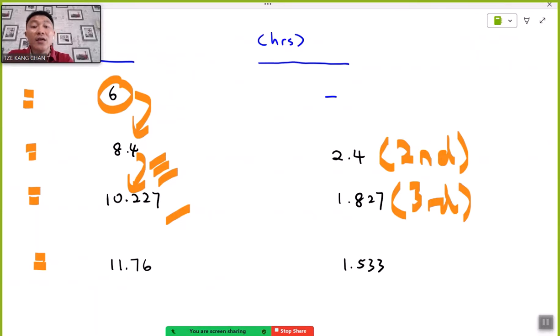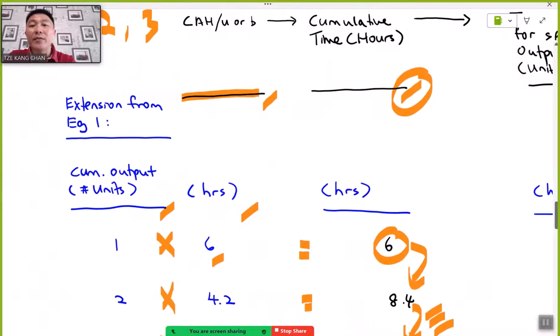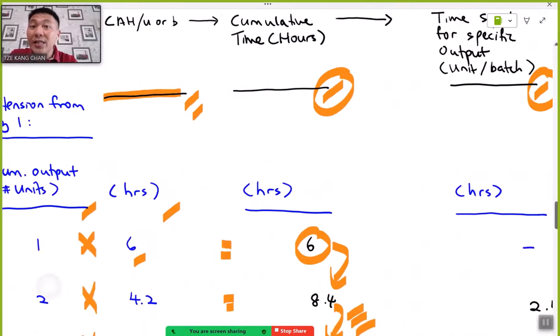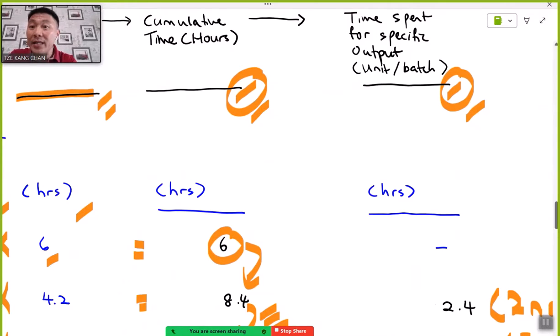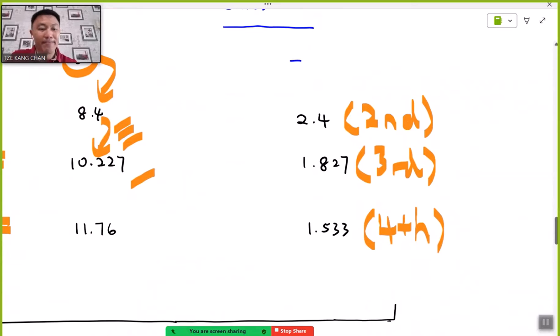Similarly apply to derive the time span in making the fourth unit of the products. So everything started with the cumulative average hour per unit or batch. You will be able to derive the cumulative time and the incremental time span accordingly.